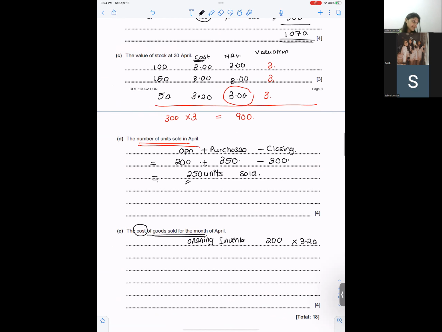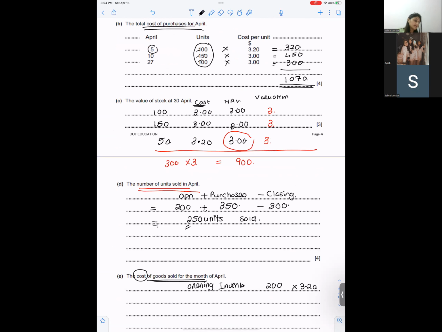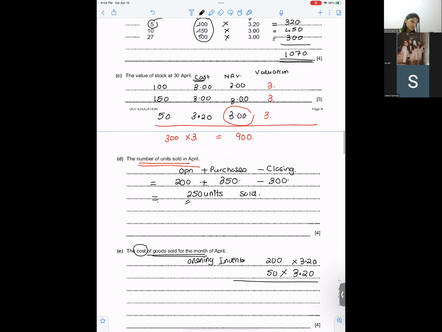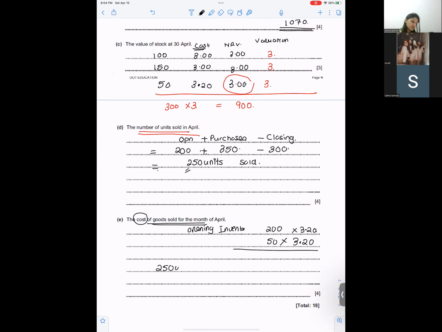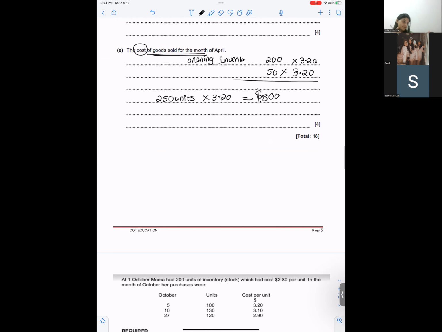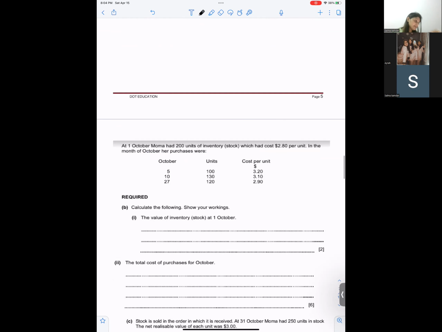And then you will sell 50 units out of 5th April. So the 50 units cost is also 3.20. So what is the cost of the goods sold? It is 250 units into 3.20. So cost of goods sold is 800. Yes, let's do the next one.